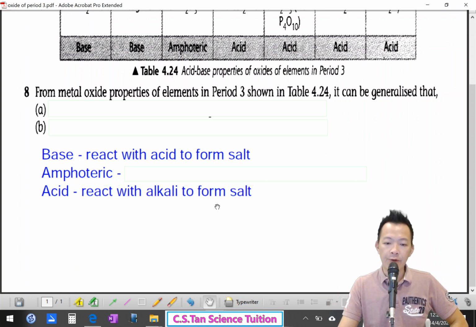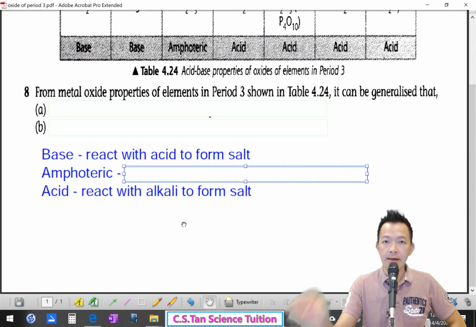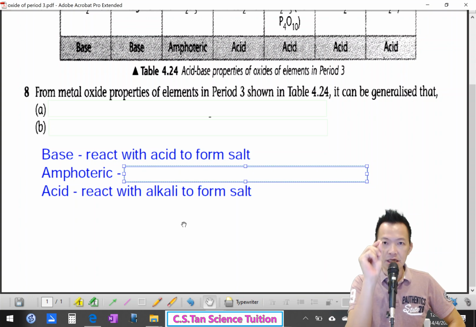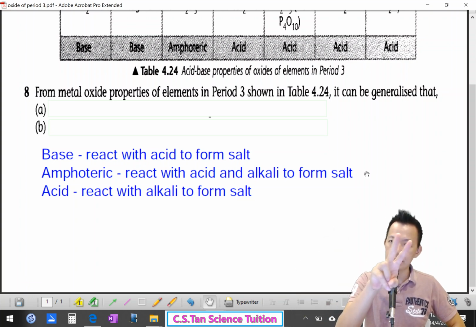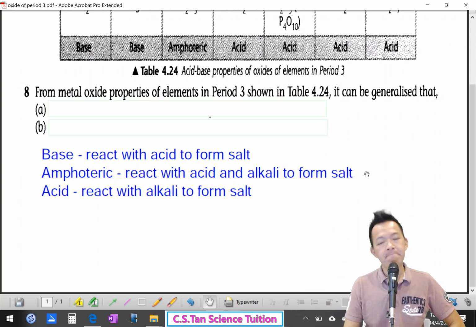React with alkaline to form salts. 它跟 alkaline 起反应产生盐。What is meant by amphoteric? 什么叫 amphoteric? It can react with acid, can react with alkaline to form salts. 它可以跟 acid 跟 alkaline 起反应产生盐。So react with acid and alkaline to form salts.